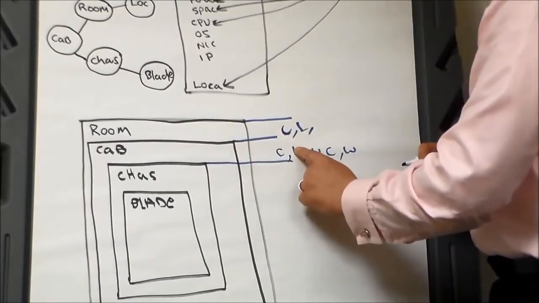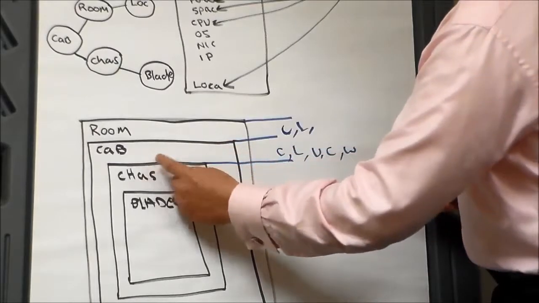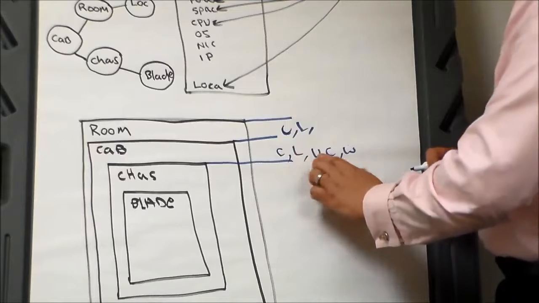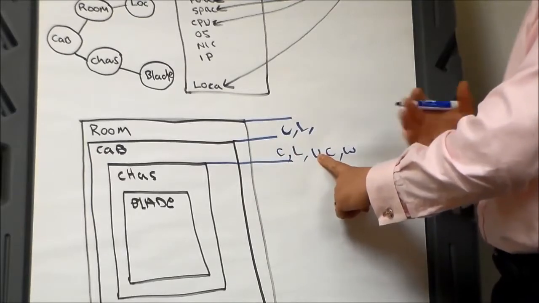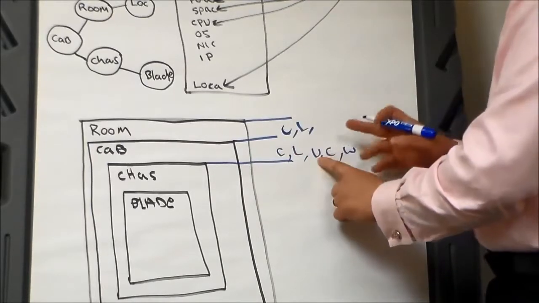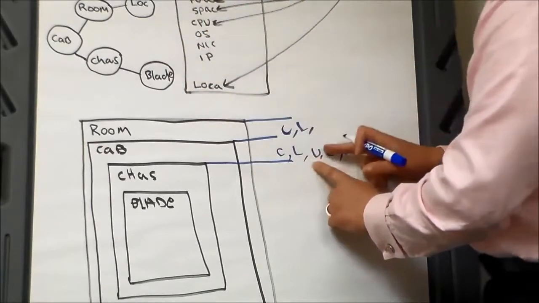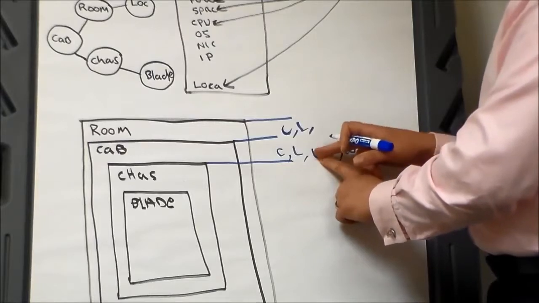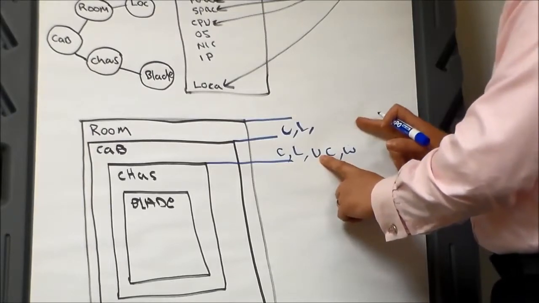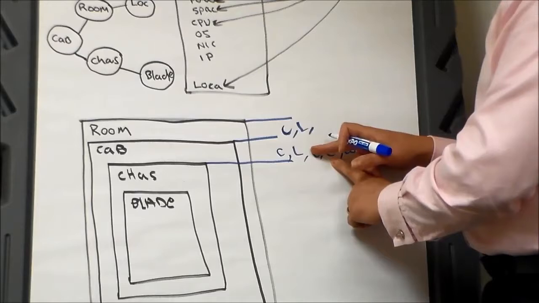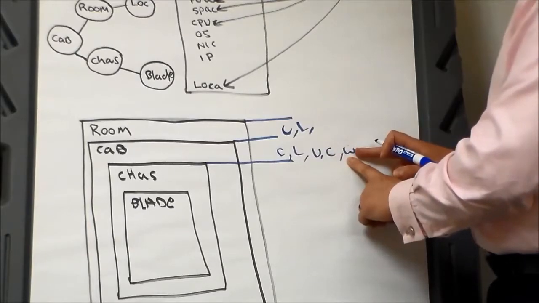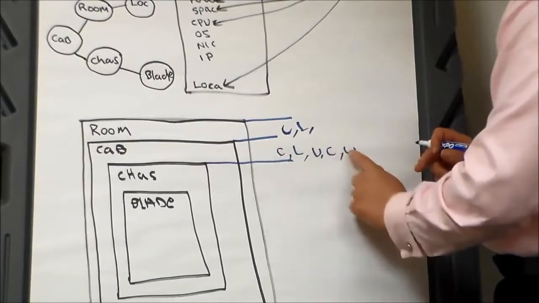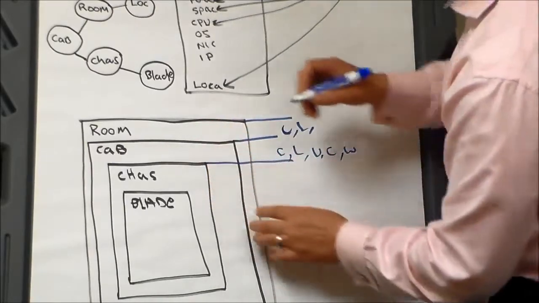Where are all the cabinets inside this room? When I get down to the cabinet itself, cabs, locations, U positions, how many overall U's do I have inside my environment? Well, I could answer that question here, but how many U's am I consuming and at what rate? Are they actually being consumed? Are they planning to be consumed? How much cooling have I got inside this cabinet? How much weight can this cabinet take? How much weight is this cabinet currently doing, and by what? So it's very detailed. So we've got this bit here. So now we come to the chassis.